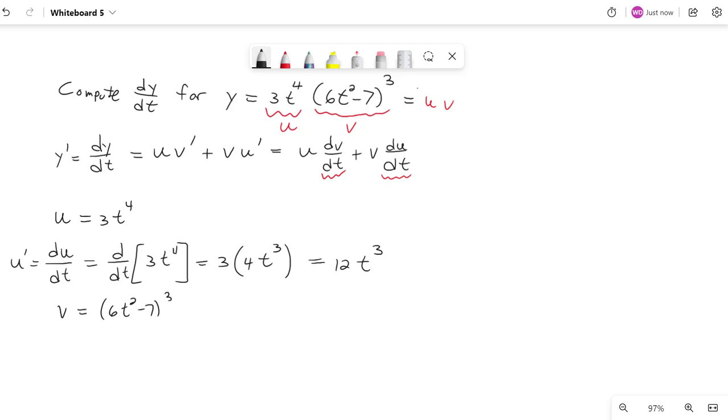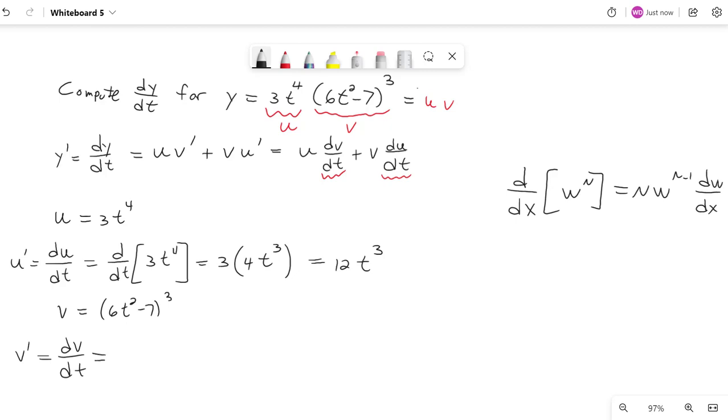The general power rule, I'll write off to the side, is that the derivative in terms of a variable, let's say in this case x, of some function, let's call that function for now w, raised to the power of n, would then be n, the power, times w, the base, with the power reduced by 1, and then you take the derivative of that base in terms of x. I'm just going to apply that rule. So if I want to know what v prime is, that is the derivative of this v in terms of t, because that's what v is a function of.